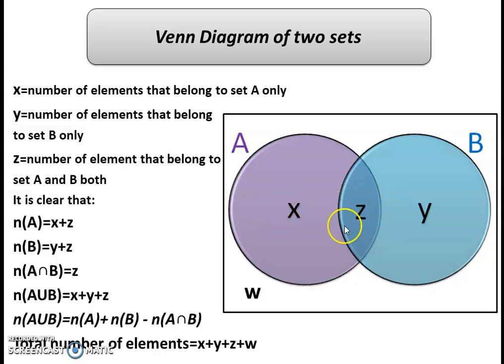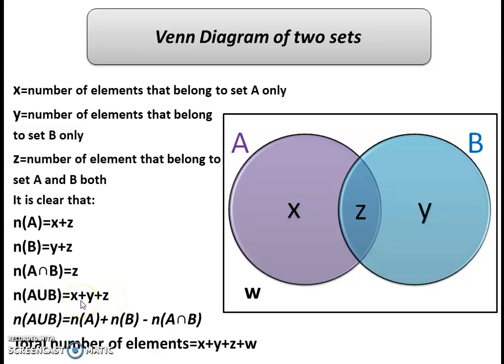So from this diagram, it is clear that number of elements in set A is X plus Z, number of elements in set B is Y plus Z, number of elements that belong to both sets is Z, number of elements that belong to A or B sets is X plus Y plus Z.